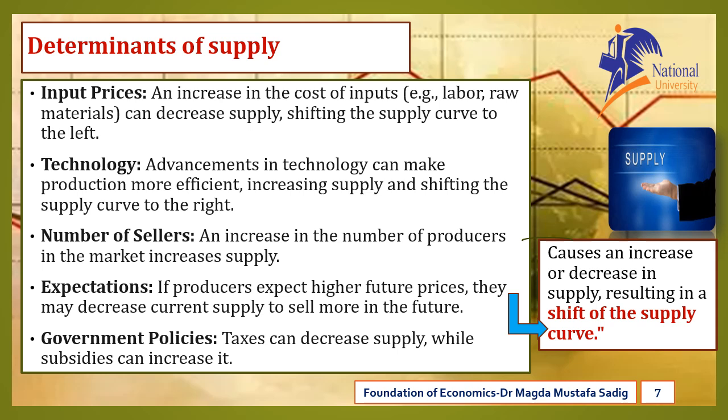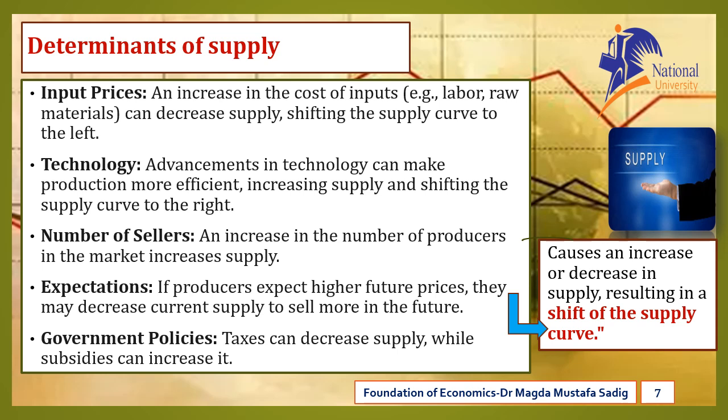So this decreases current supply, shifting the curve to the left. Government policies, taxes, and subsidies. Taxes increase the cost of production and reduce supply. Subsidies reduce cost and encourage more production, increasing supply.